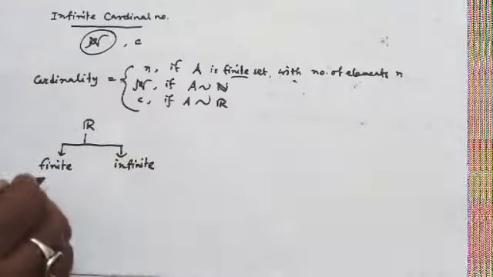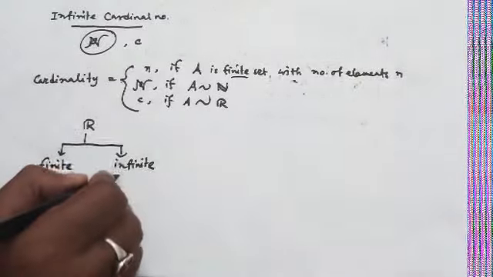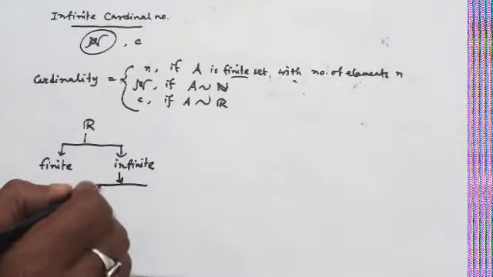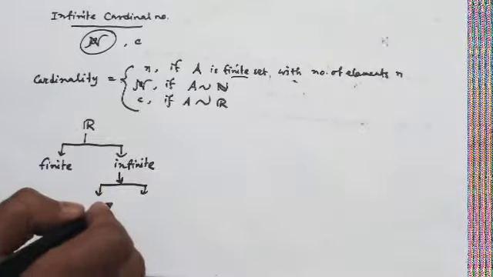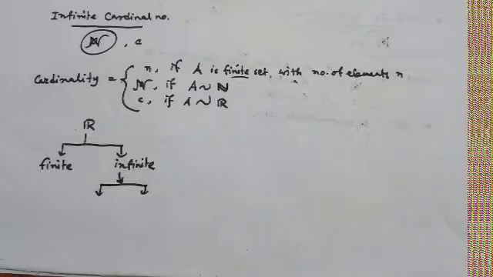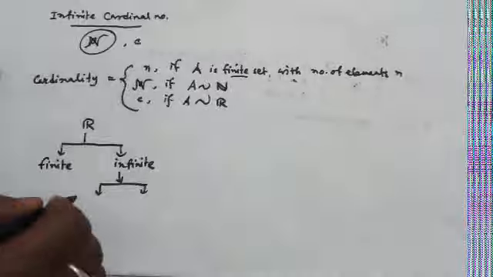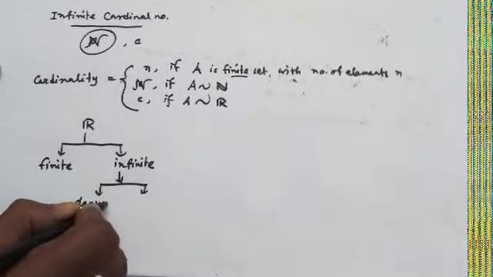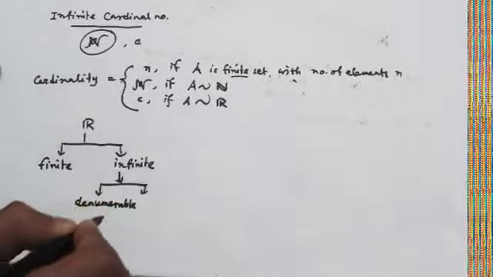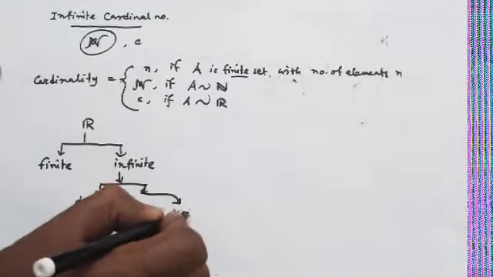Okay, if it is finite, then straightforwardly it is countable. If it is infinite, then still it has two subcases. One, that infinite set may be denumerable. Okay, that means onto-ness can be generated, that is, numbering can be generated. That means that is your denumerable set. And the other one is uncountable.